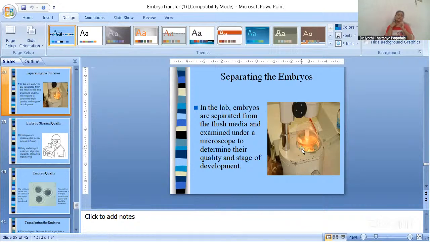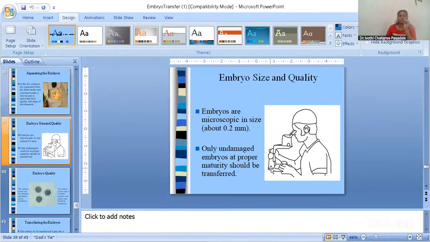First, we have to check whether the embryos are healthy and in an active stage, ready for transferring. With the help of a microscope we can examine the embryos to determine their quality and stage of development.